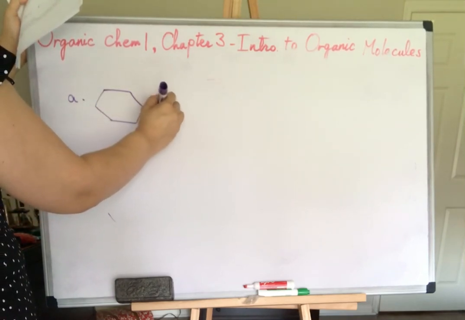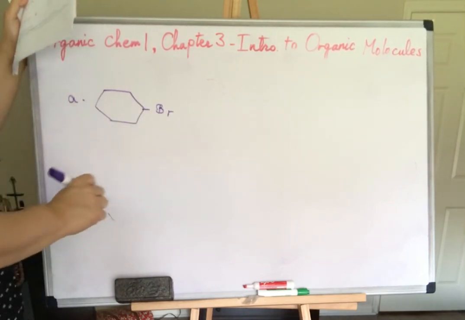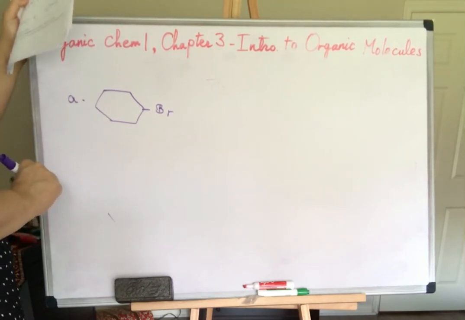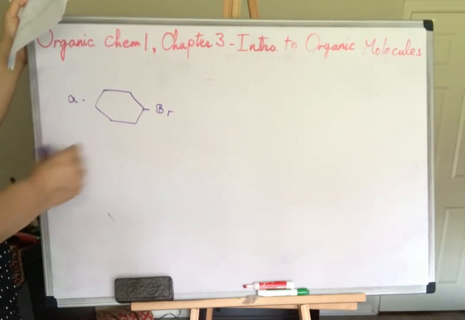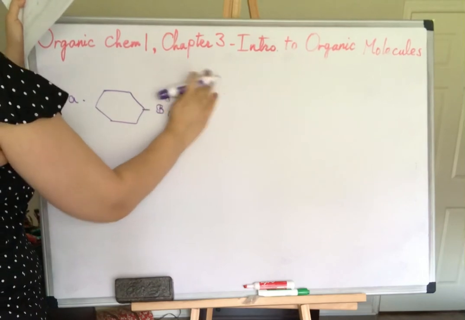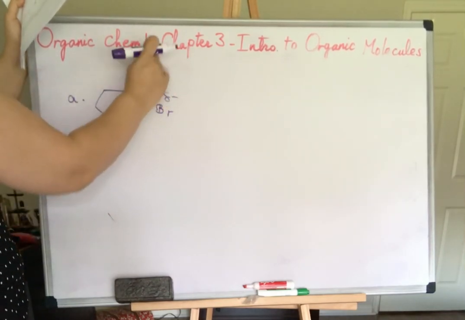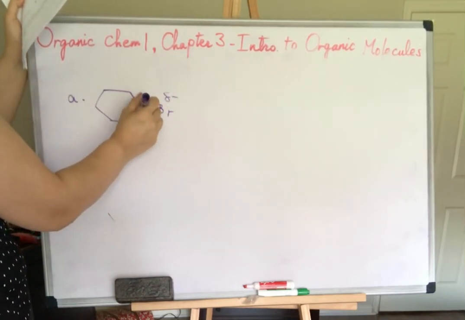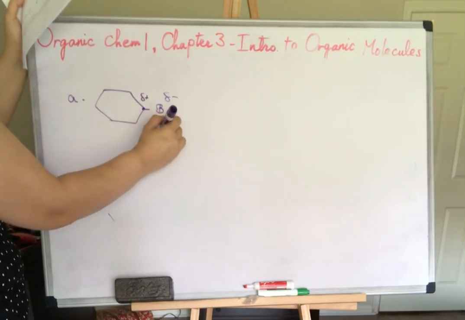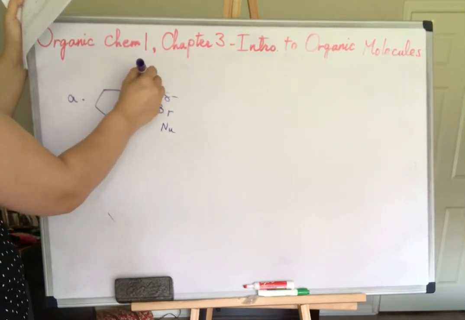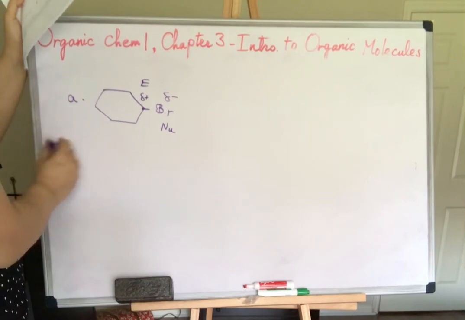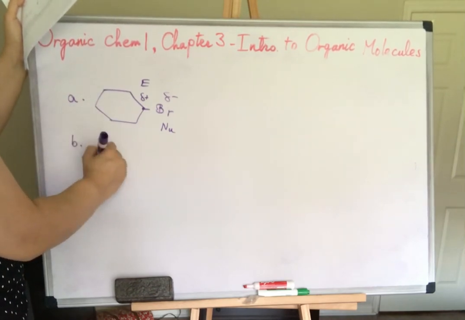We'll work on the first one. We'll label the electrophilic and nucleophilic site in each molecule. Partially negative because of its electronegativity, so carbon is partially positive. So this is going to be nucleophilic, this side is going to be electrophilic. I'll work on B, leave C for you.